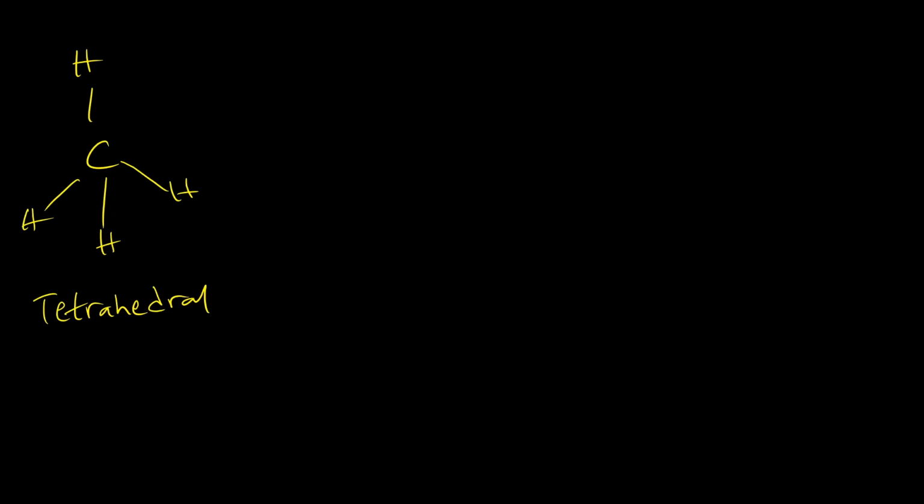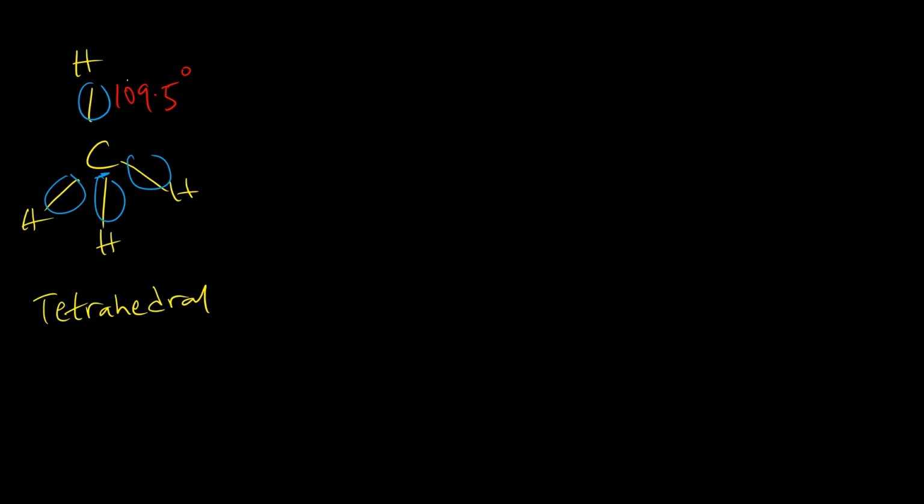And the bond angle here is 109.5 degree. Now, if you notice, in tetrahedral, the center atom C has 4 things attached to it, right? 1, 2, 3, 4. Now take note of that.